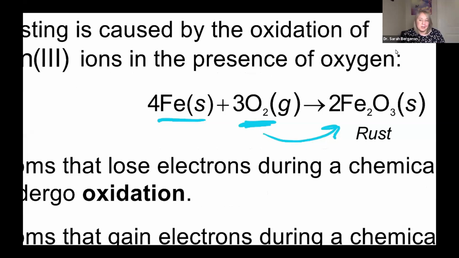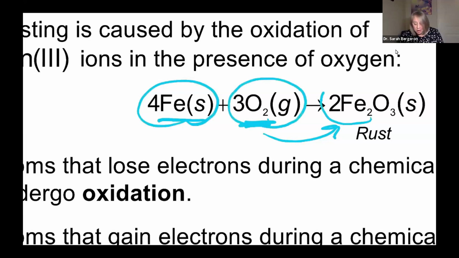When this happens, what you're looking for is who's gaining and who's losing electrons. The thing you have to remember is that these substances by themselves have to end up with a charge of 0. Remember when we were writing our formulas for ionic compounds, and we said, how do we know what the charge is on any given compound?